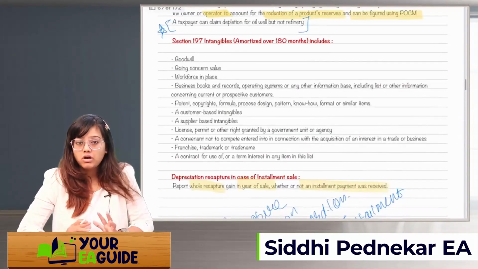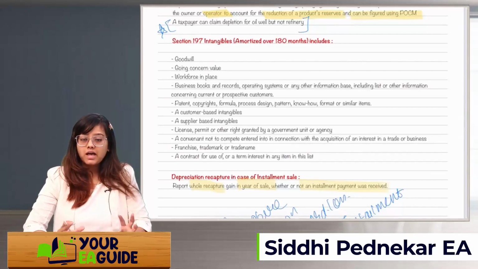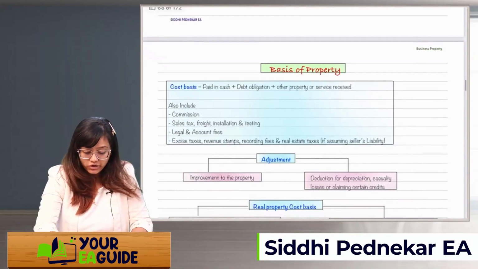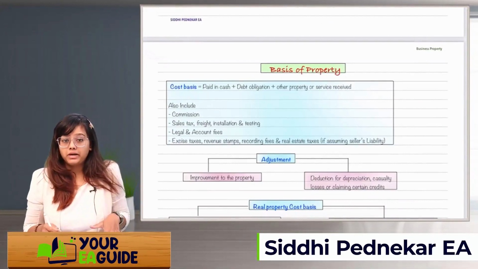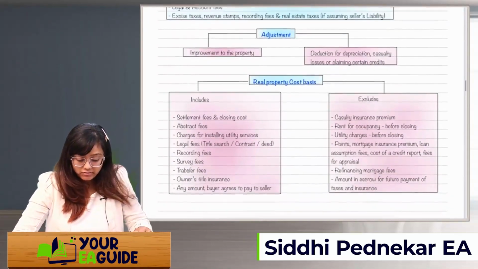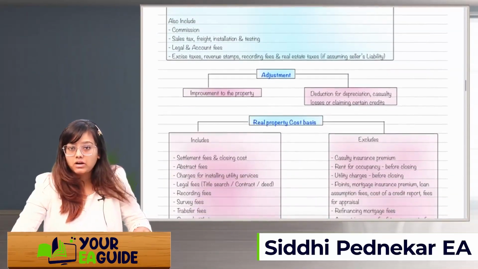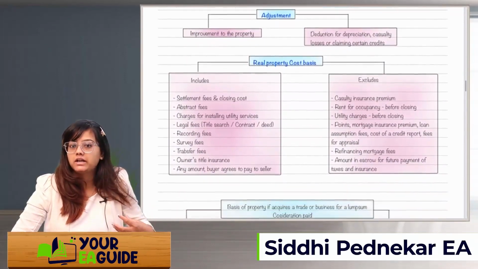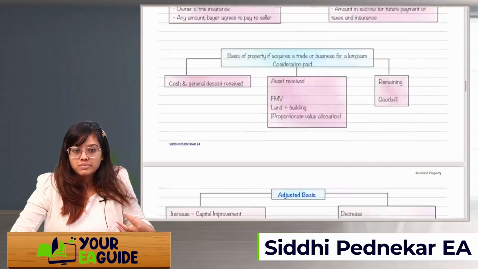this was all about the depreciation and the types of properties. Next important topic which we are going to start is basis of property, which we'll do in the next session. There you will see what is the basis of property, how the cost is calculated, for what amount it will be adjusted, what is the real property's cost basis.